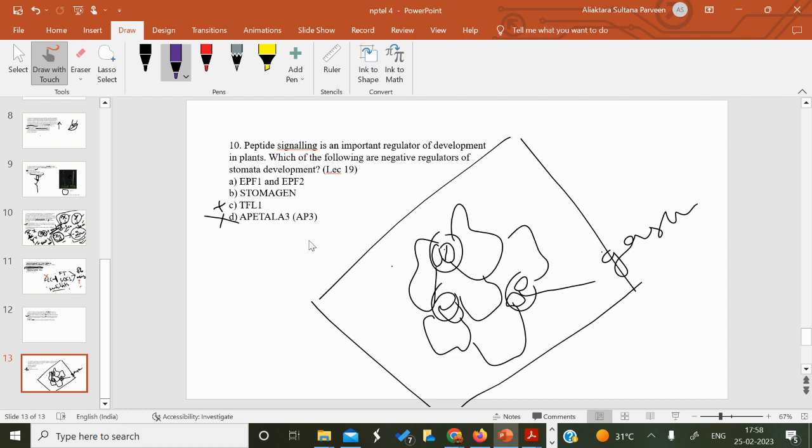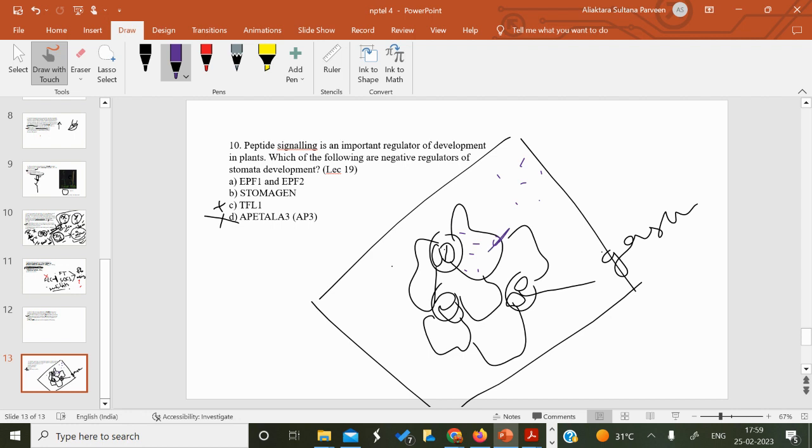Okay, so the first one here, EPF1 and EPF2, are actually ligands or peptides. If you imagine this violet color is the peptides EPF1 and EPF2, they can go and bind to the non-stomatal cells, and they will inhibit some other downstream molecules, which will finally inhibit the formation of stomata.